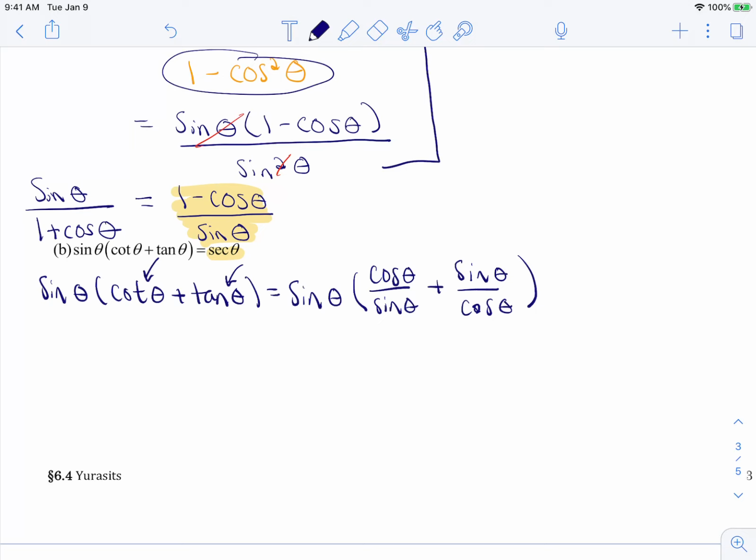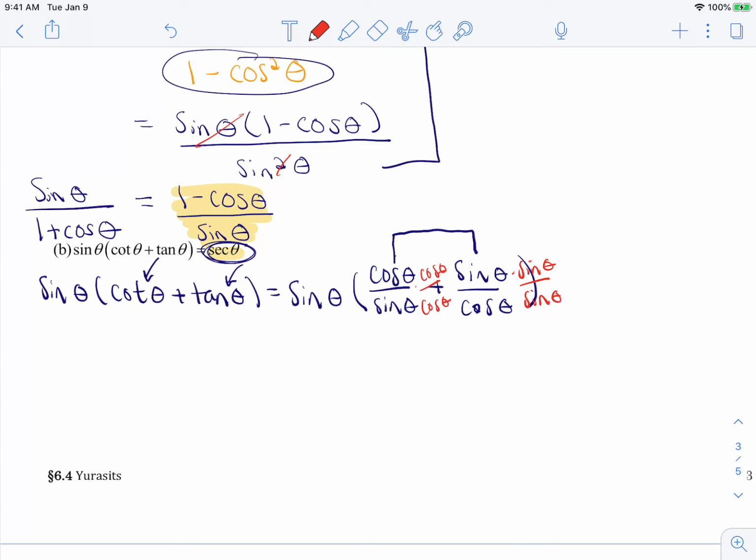You could be my guest and go forward and distribute that sine off the bat. The problem is, I know I want to get one term at the very end of this. So that's my indicator that I should combine these two. And how you do that is you need a common denominator. So I need to multiply this by cosine over cosine, and this by sine over sine.